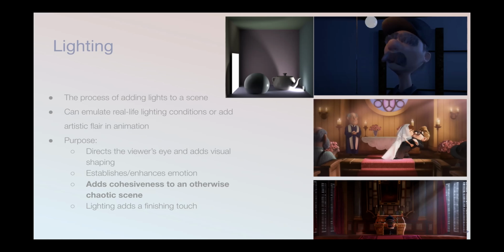You can do a lot in CG that you couldn't do in real lighting setups. And so that gives us a lot of wiggle room in order to add cohesiveness to the scene, bring it together, define emotions, and really tell our viewer where to look, and allow the scene to emphasize certain objects that are more integral to the story.